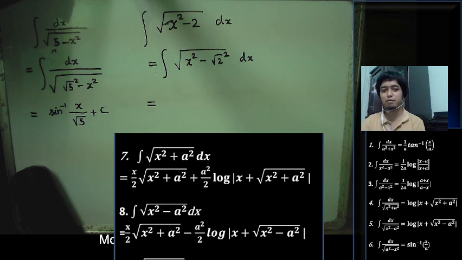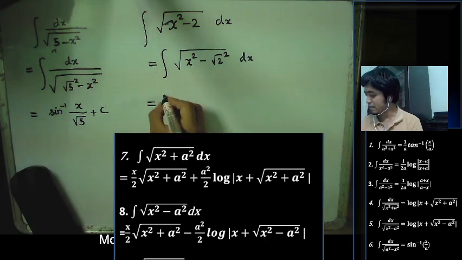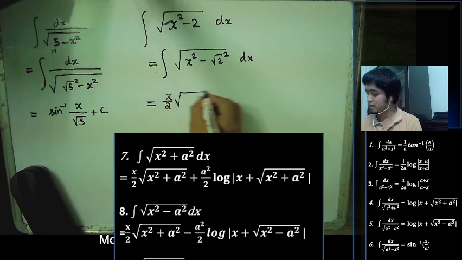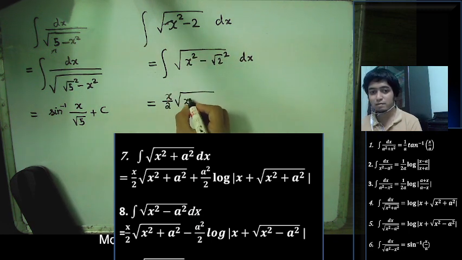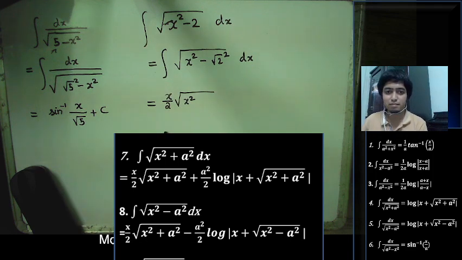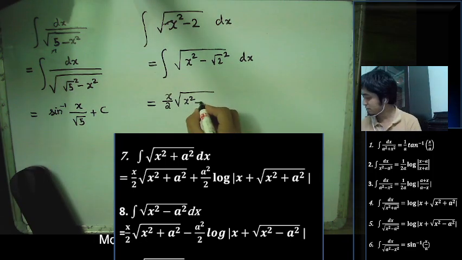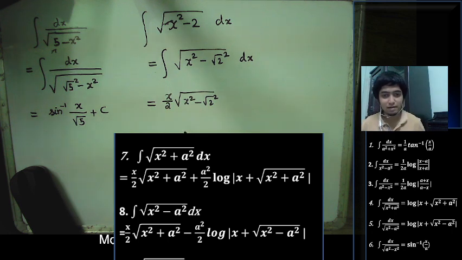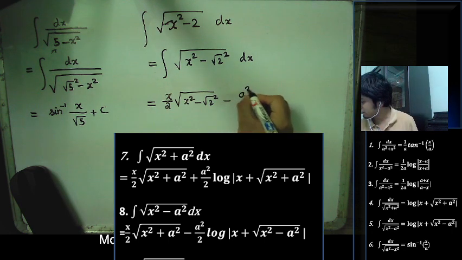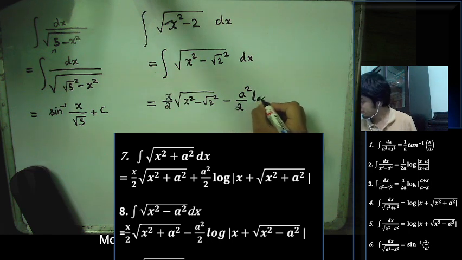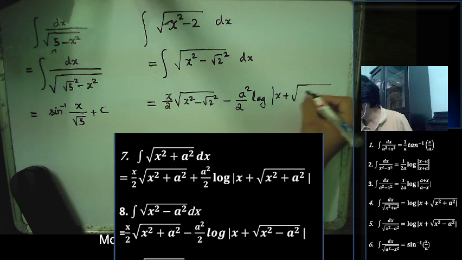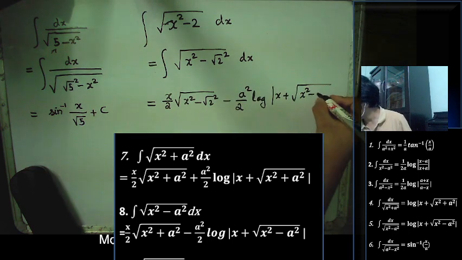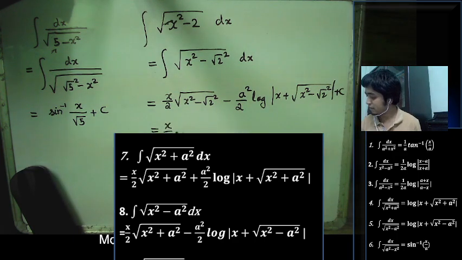So you can just employ formula number 8, which is equal to x upon 2 root over x squared minus root 2 whole squared. I think I mistyped formula number 8. It should be x squared minus a squared, minus a squared by 2 log x plus root over x squared minus a squared. So you can simplify down the answer like this and it will be all right.